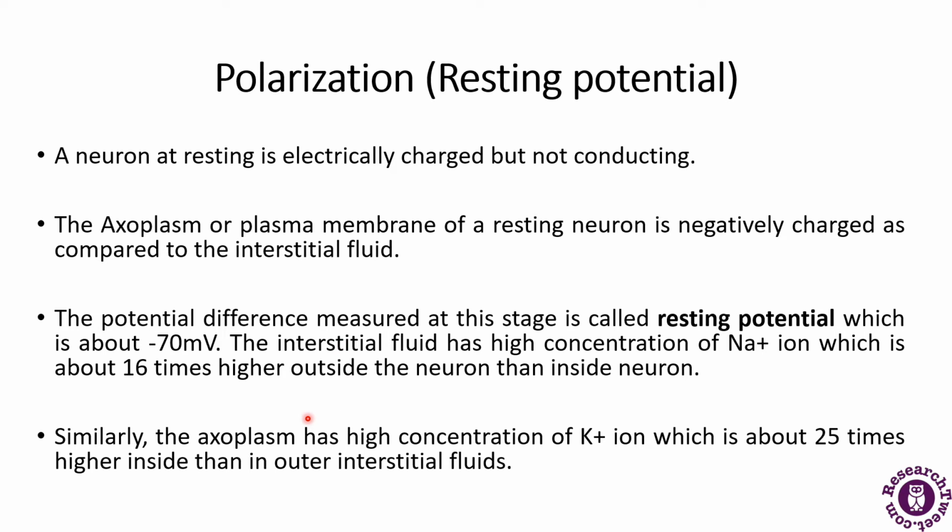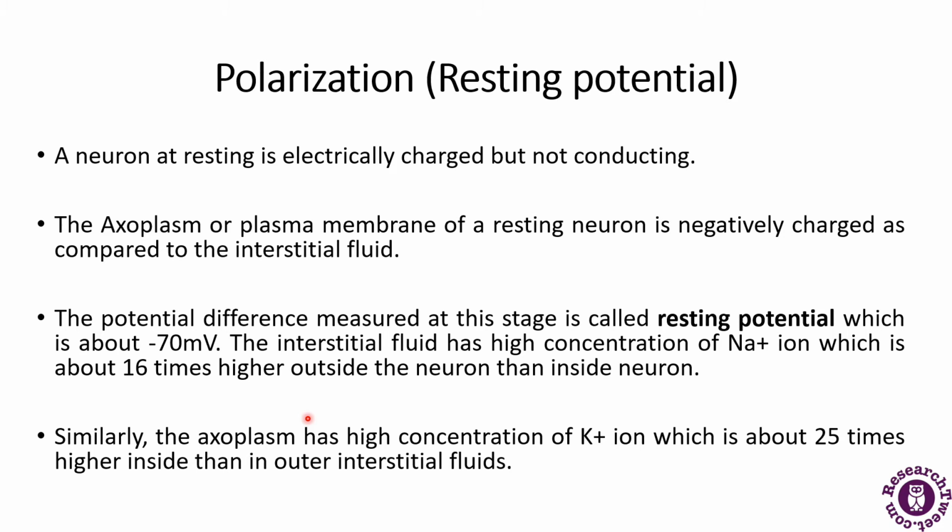The potential difference measured at this stage is called the resting potential, which is about minus 70 millivolts. The interstitial fluid has a high concentration of Na+, sodium ions, which is about 16 times higher outside the neuron than inside the neuron.